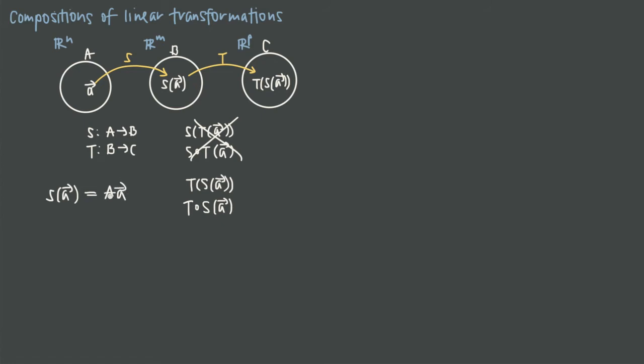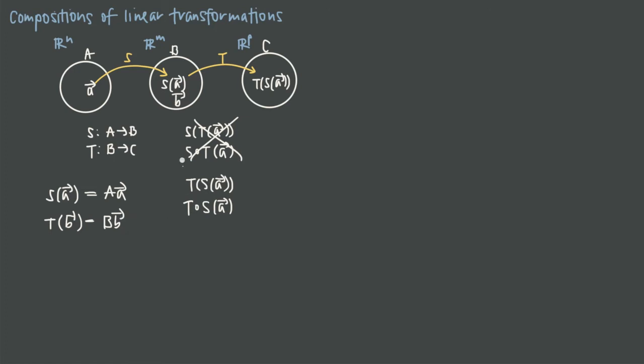So we just have some matrix A here. And then let's say that we write T, and if we rename this vector S of a as b, T takes vectors b, and we can express that transformation as the matrix vector product B times the vector b.